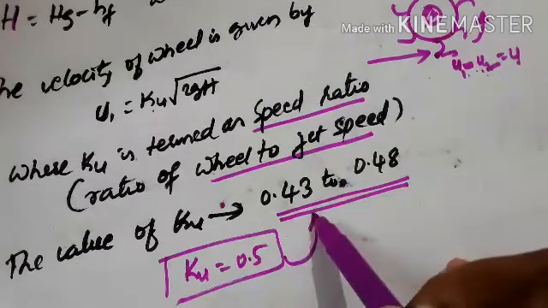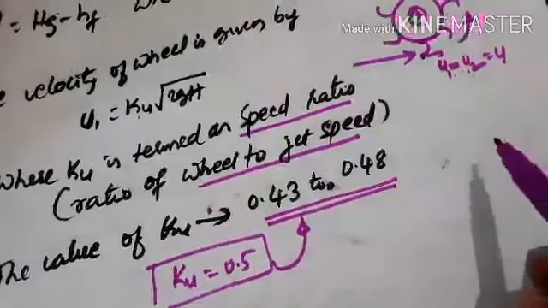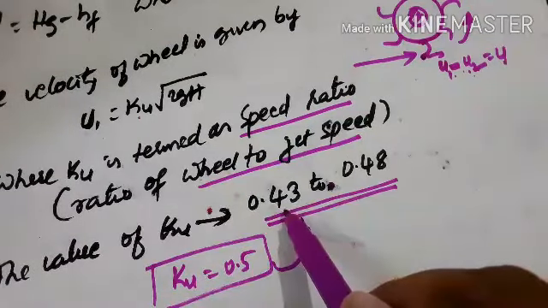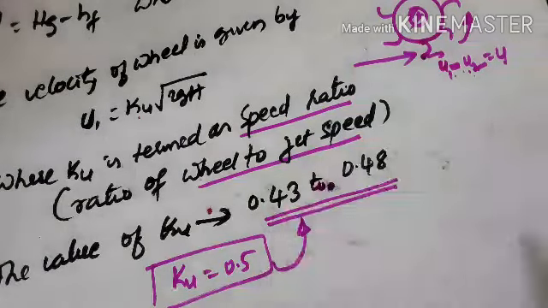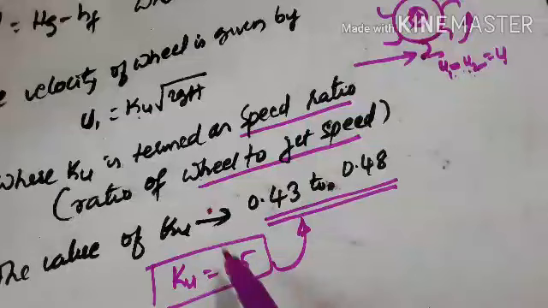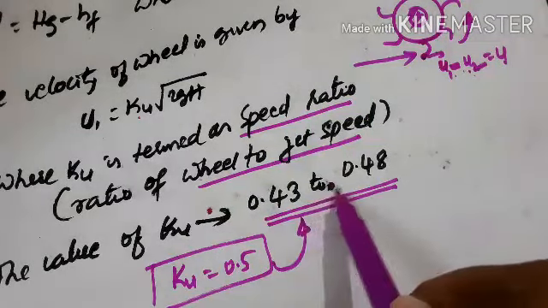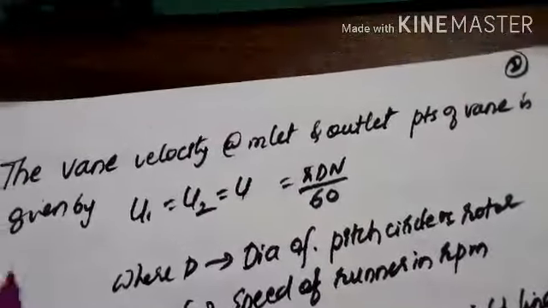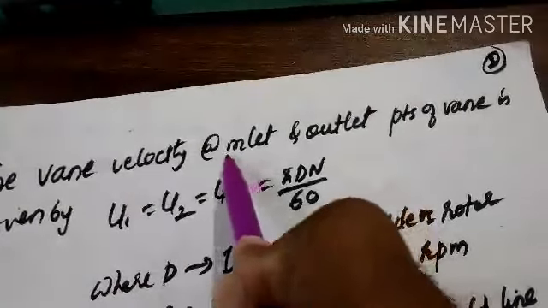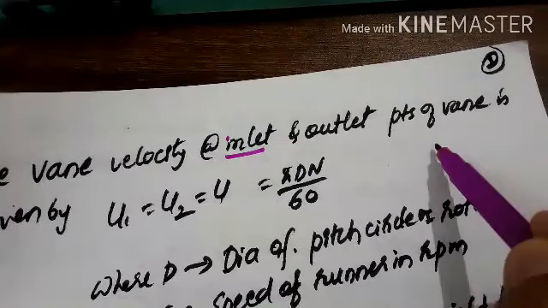As the blade passage has friction losses and other kinds of losses, it has to be taken between 0.43 and 0.48. Then after this, you have to calculate the vane velocity at the inlet and outlet points of the vane.